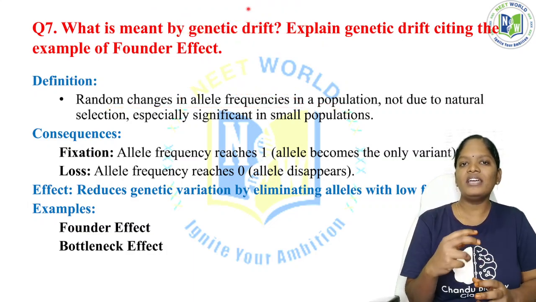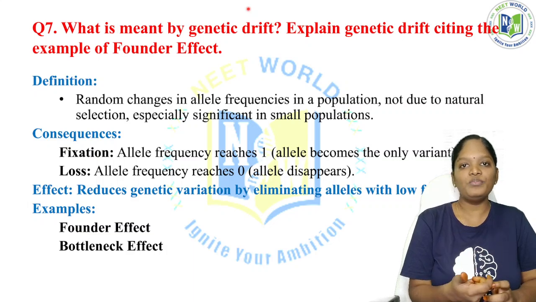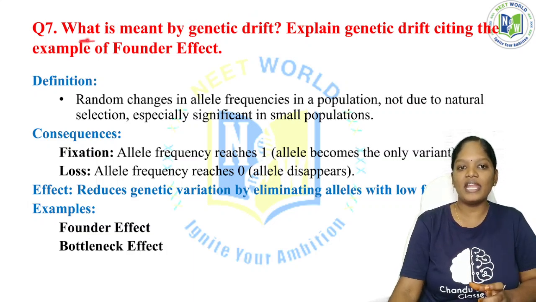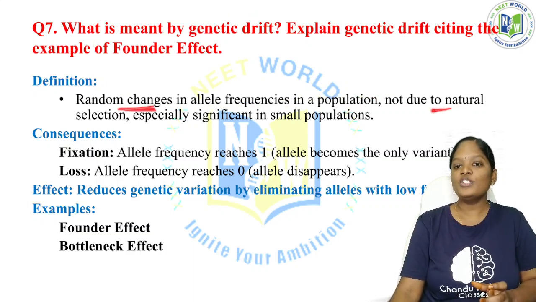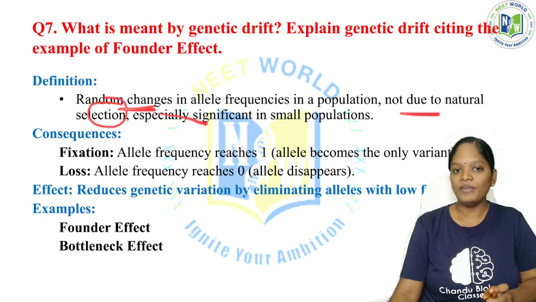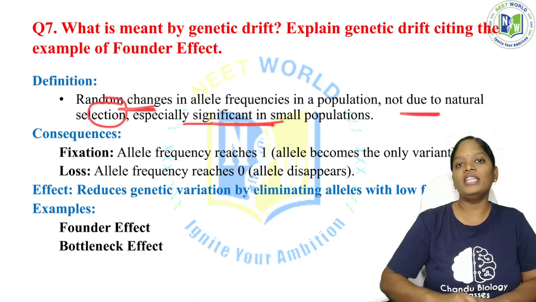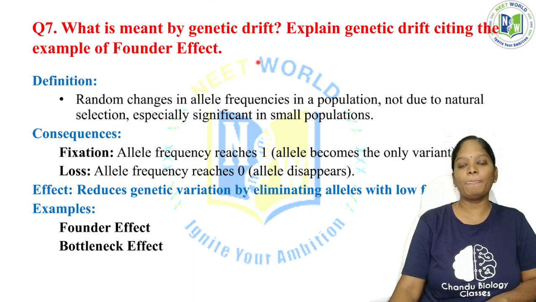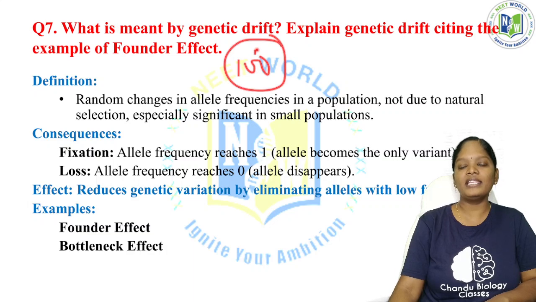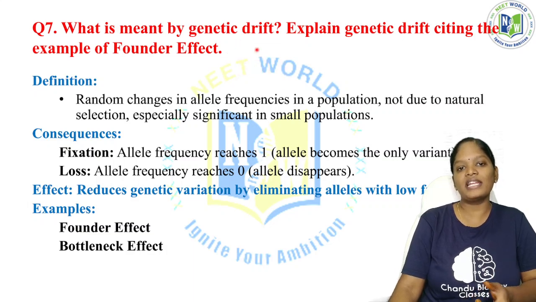There are random changes in the allele frequency, not due to natural selection, and it is especially significant in a small population. If the population has only 100 individuals, there can be random changes. This random change in allele frequencies is called genetic drift, and you should know it is not due to natural selection.